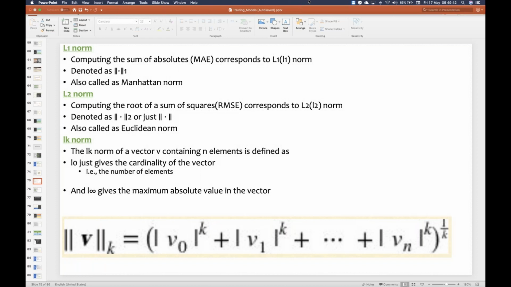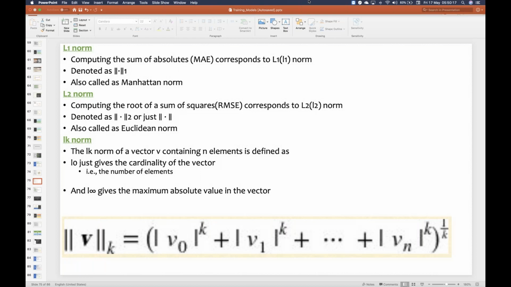Now, LK norm. The LK norm of a vector V containing n elements is defined as shown in the formula. L0 just gives the cardinality of the vector and L infinity gives the maximum absolute value in the vector. Again, what is a vector? A vector is a feature vector. What is a feature vector? Feature vectors are used to label the product. Do not get confused and do not worry about the formula.